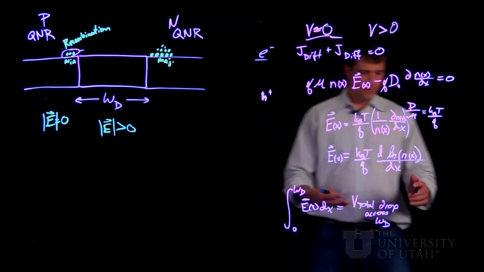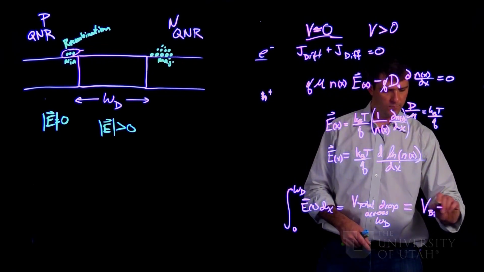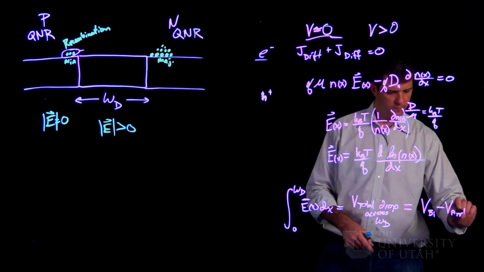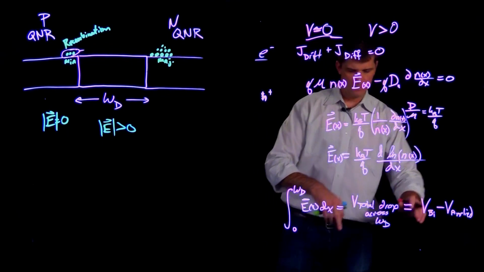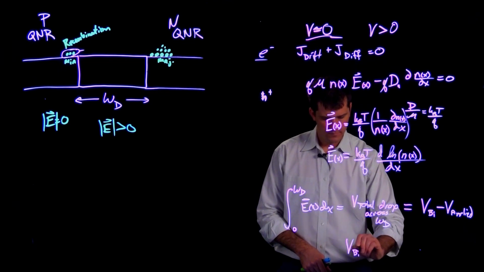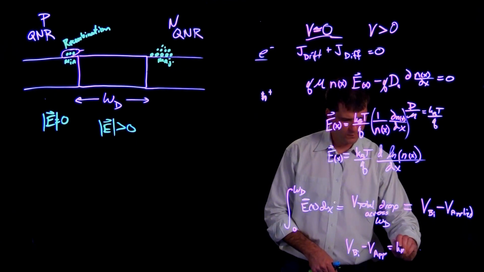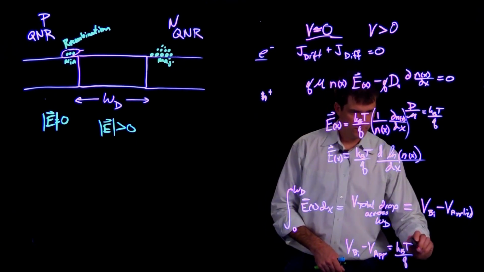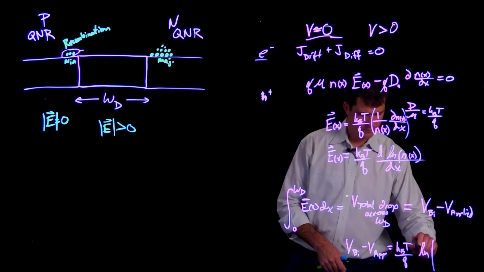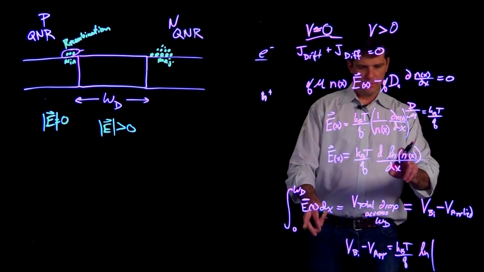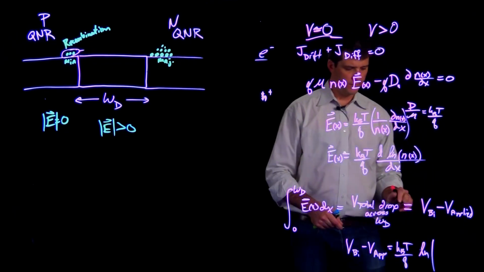So if our total voltage drop is now equal to V built-in minus V applied, we can substitute this expression in, carry out the integration, and we'll get that V built-in minus V applied is equal to kBT over q times the logarithm of, now we have to evaluate the carrier concentration at these two positions, x equals 0 and x equals WD.